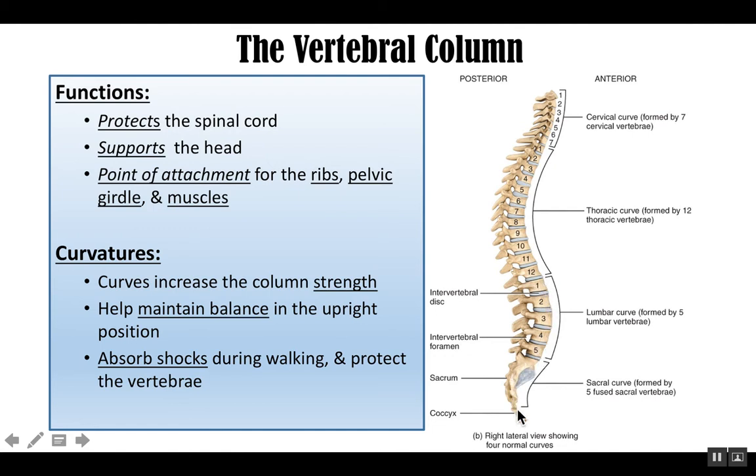There's a single bone known as the sacrum, but it is actually a fusion of 5 vertebrae. And then finally the coccyx, which is a small tailbone, which is formed by the fusion of anywhere from 3 to 5 small little vertebrae.